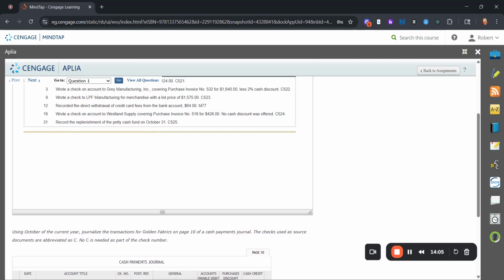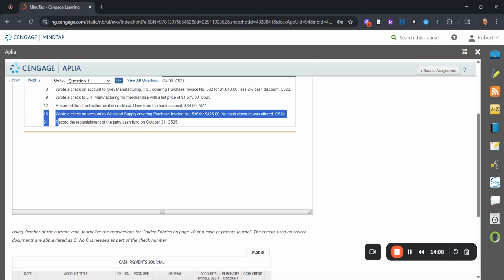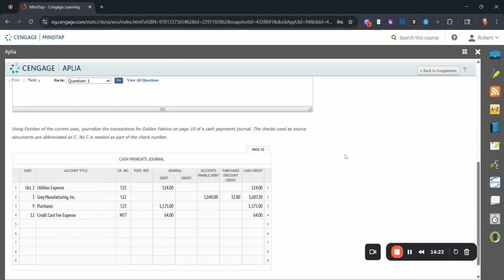So we get to the 16th, wrote a check on account to Westland Supply covering purchase invoice 516, $426. No discount this time. Check 524. Start with the date. Just like Gray Manufacturing, it's on its own accounts payable ledger, so we'll just put in the company name, Westland Supply.